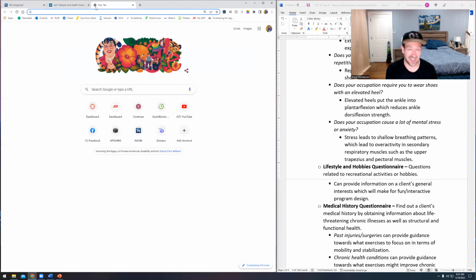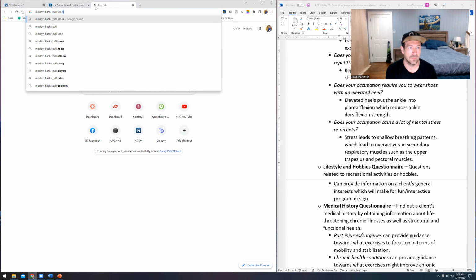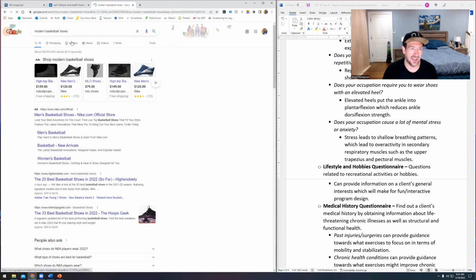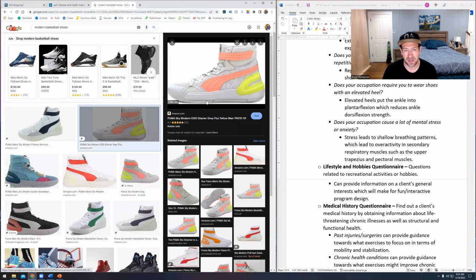Honestly, even a lot of modern basketball shoes, some of them are kind of flat, but there's a lot of padding as well, which I'm not a fan of for other reasons.